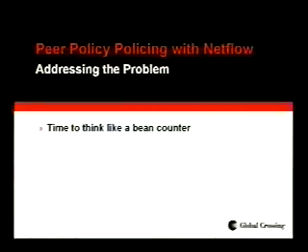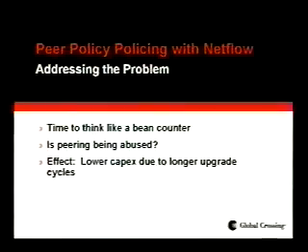Addressing the problem, it's time to think like a bean counter. Why is that? Well, everyone else is, and your job might depend on it, which is always a good reason.